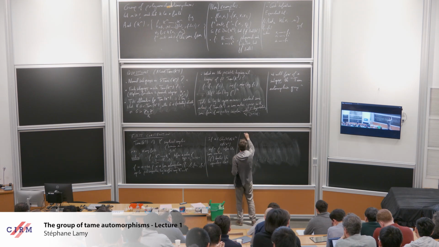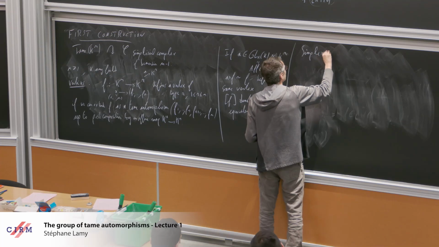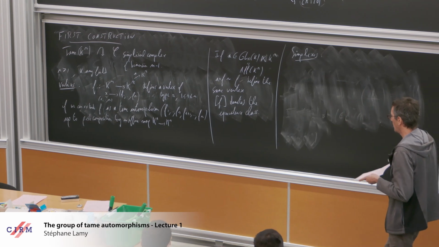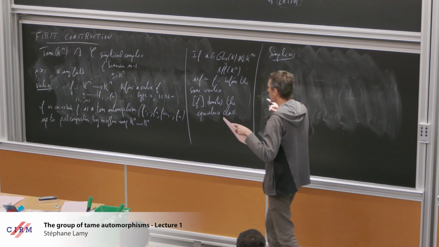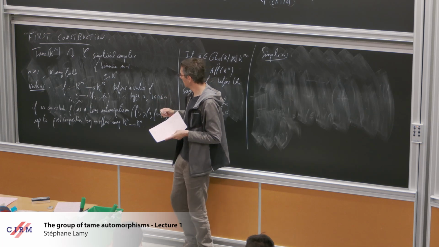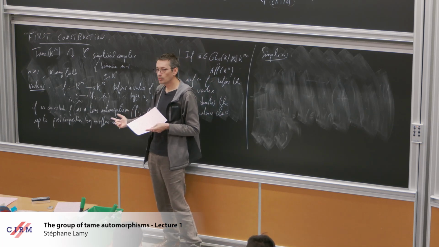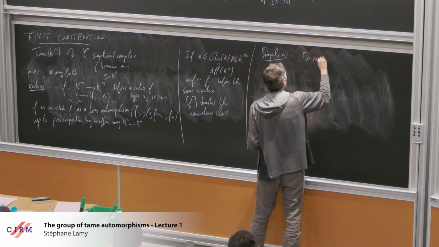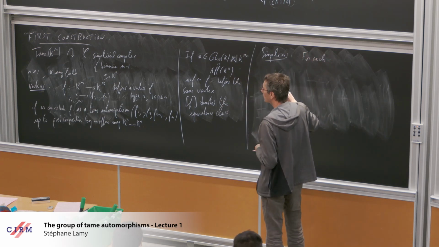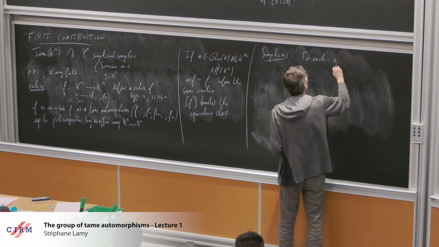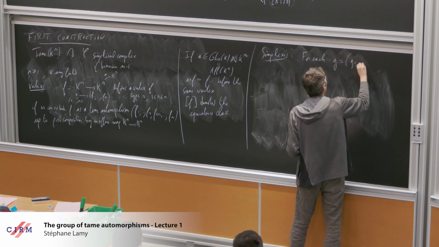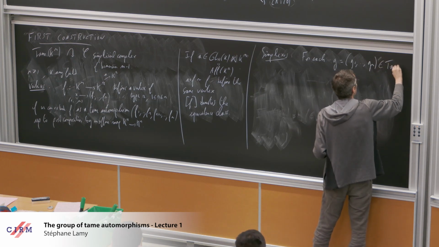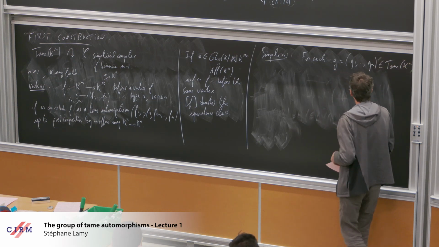So simplexes. I'm going to associate a full-dimensional simplex to each element of the tame group. So now let's put G, G = (G1, ..., Gn), a tame automorphism of K^n.